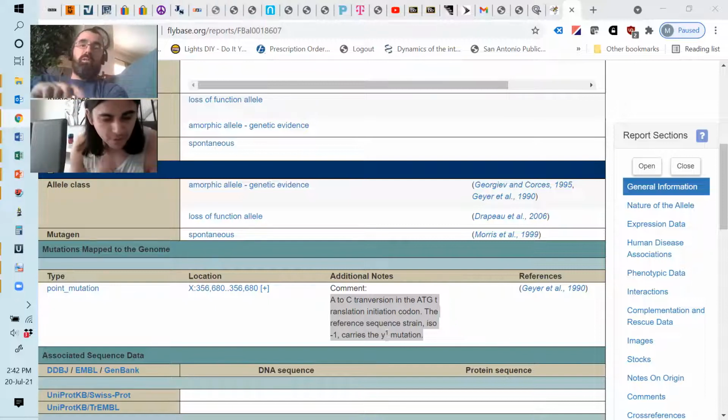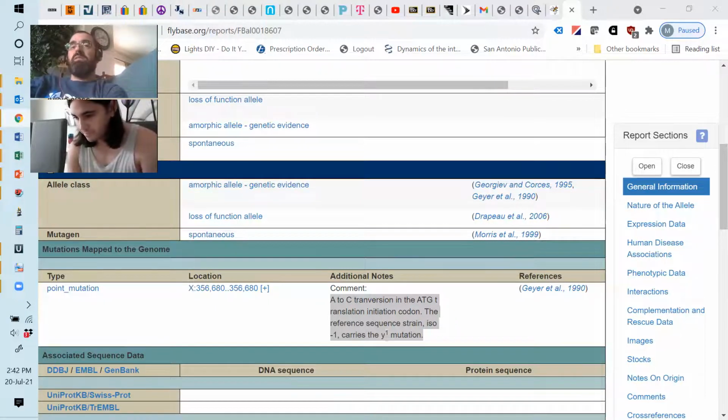Because there's usually only one, or at least it's the one at the very beginning. So if ATG is changed to CTG, can that now act as a start codon? If you're thinking about translation initiation. Absolutely no. Thank you for answering though.